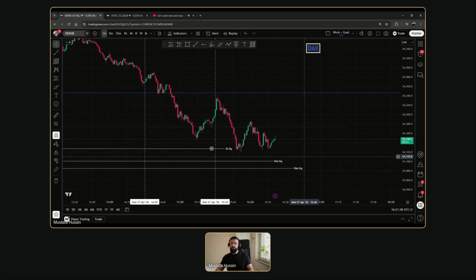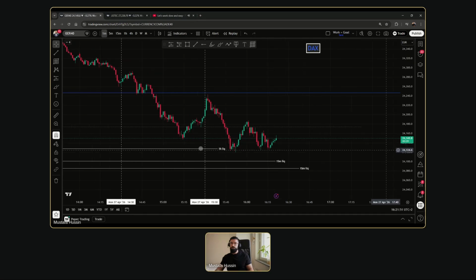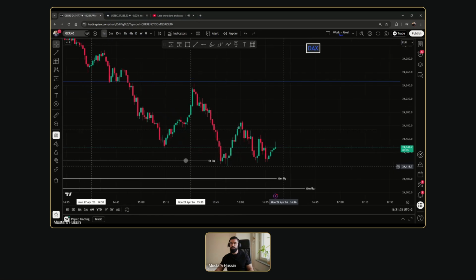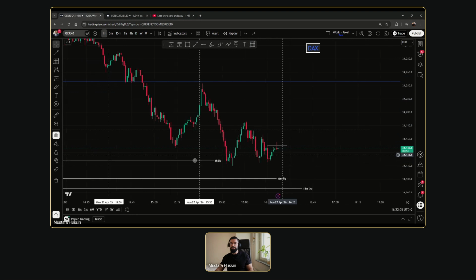Not liking this setup. Why? One, the liquidity sweep is way too far away. Two, these breaks of structure are not very clear. Three, it didn't close over the body of the candle, so it's not a valid liquidity sweep.